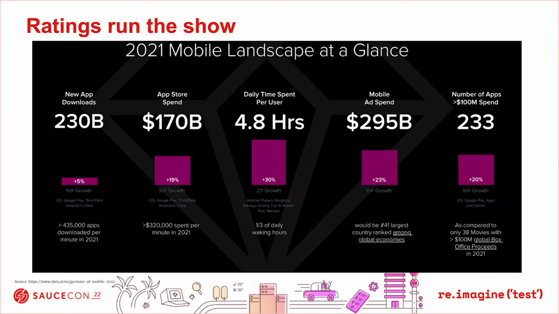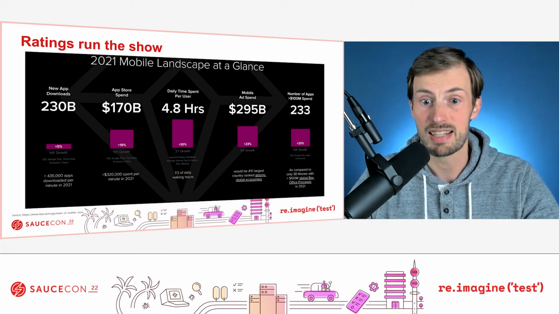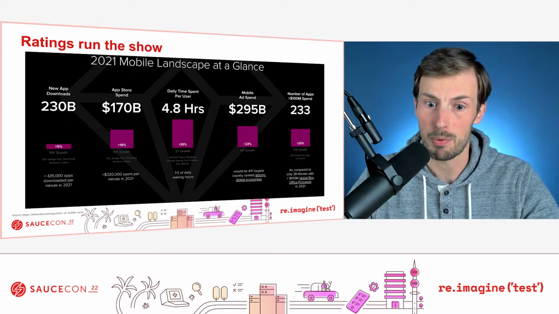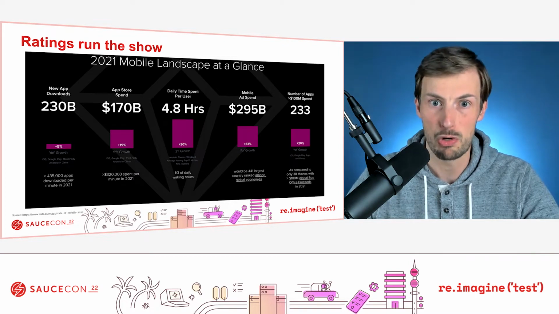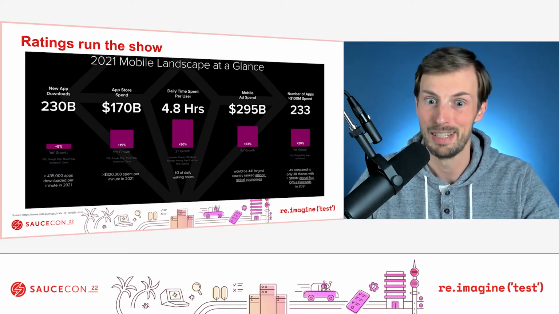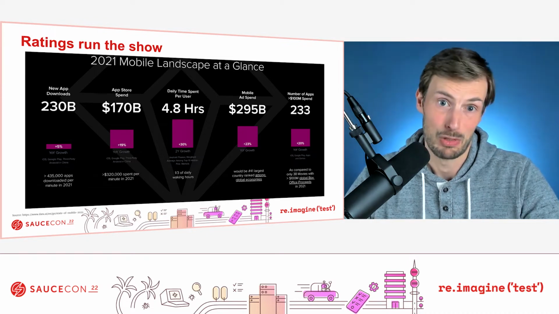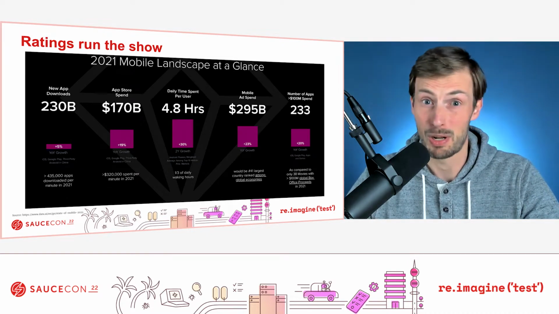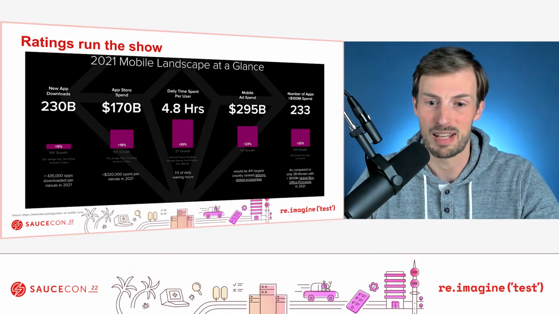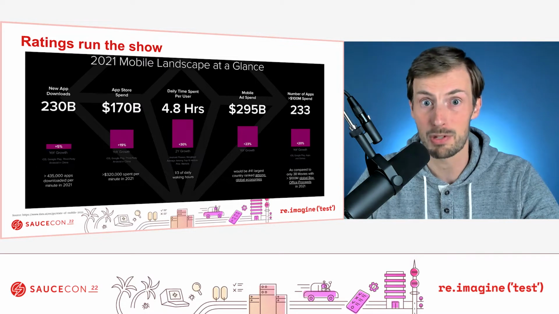I don't know how many people in the audience depend on revenue directly from their mobile apps in the App Store, but that could be really interesting for you. Daily time spent per user has also been going up, probably because there's more and more that you do on your phone, where you used to do your expense report on a mobile browser or read your email. That's all moving to the phone. So it's a third of the daily working hours. That's interesting to think about.